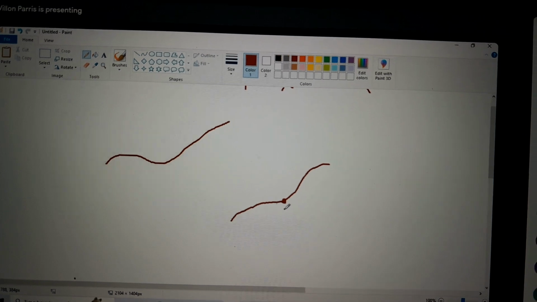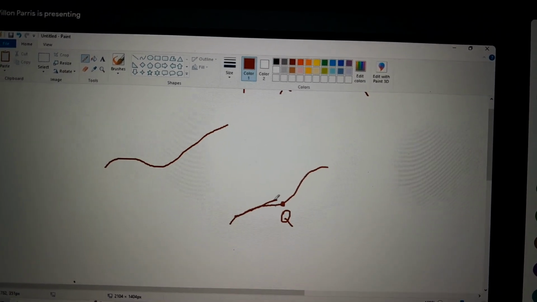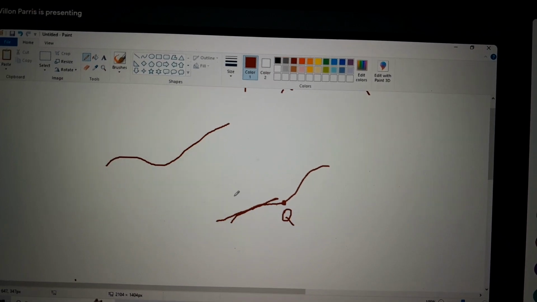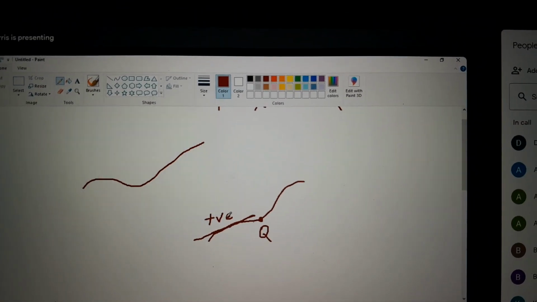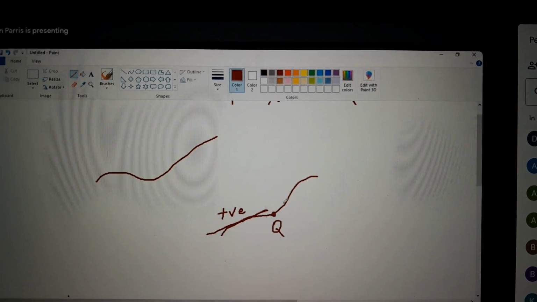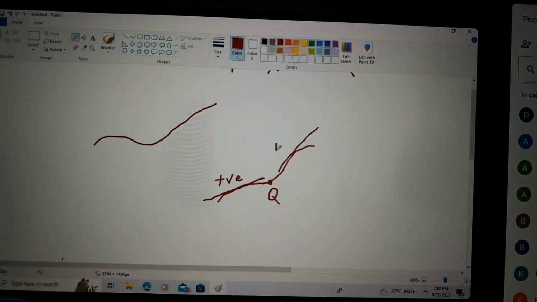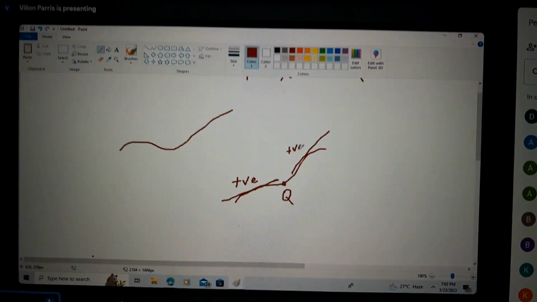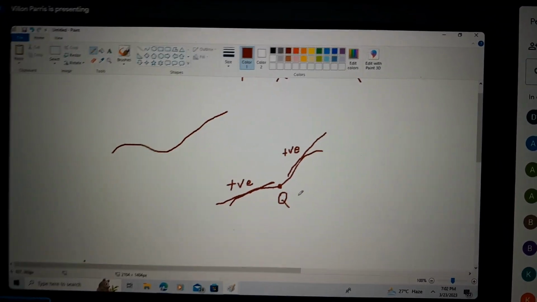Let's look at this point of inflection. Let's call this Q. Before the point Q, what is happening, the gradient here, is positive. Can you see that? Yes, sir. Now, after the point as well, the gradient is positive. So with a point of inflection, we can have two scenarios.